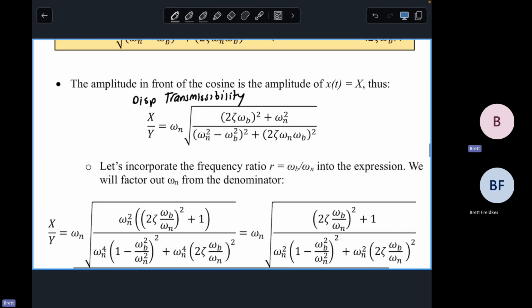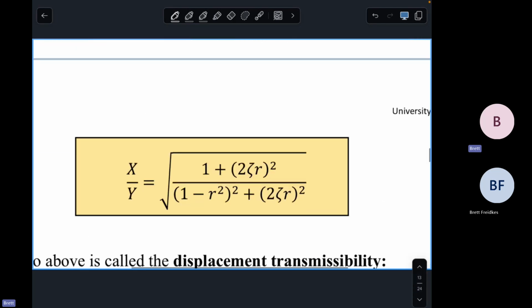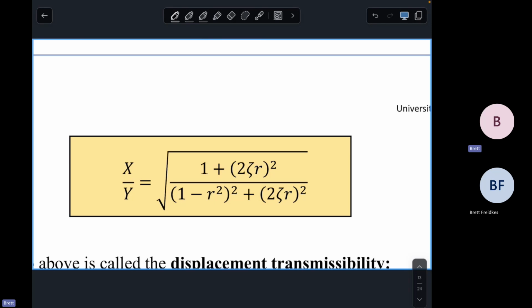I do some algebra here to rewrite this in terms of the damping ratio and the frequency ratio. So we see that in this specific kind of system, we end up with the displacement transmissibility based on R and based on zeta. I won't expect you to derive and do the algebra. Again, that's a waste of time, I feel like.